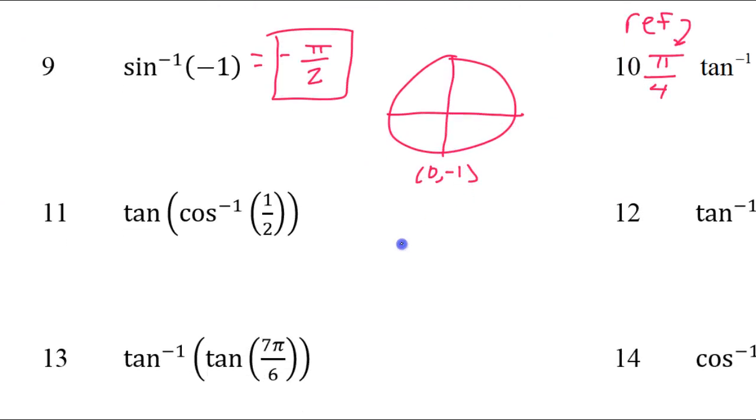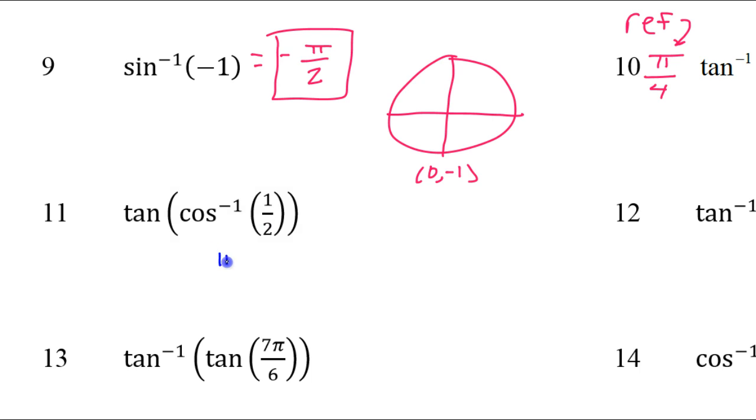Number 11. When you have a function inside of a function, I recommend that you evaluate the one on the inside first and then do the one on the outside. So, the inverse cosine of 1/2. This is just an angle. It's the angle whose cosine is 1/2.